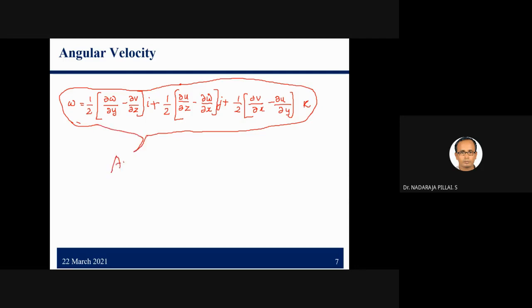So this is the angular velocity in three-dimensional space.